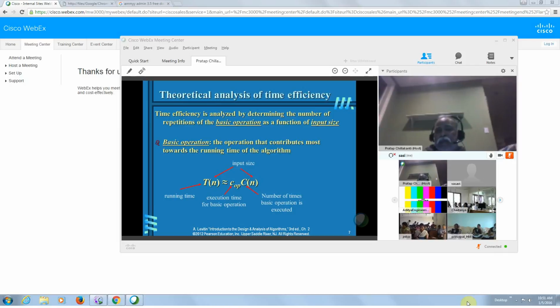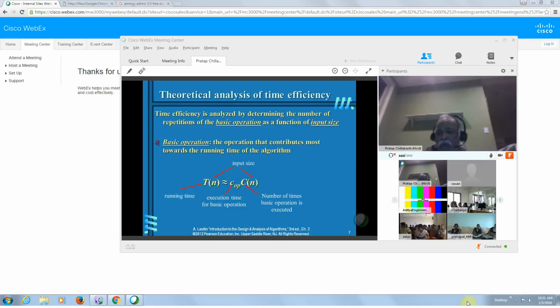So we discussed time efficiency, saying we determine the number of repetitions of basic operations as a function of input size. And then we came up with that equation: the running time T(n), where n is the input size, is the execution time of a basic operation times the number of basic operations.